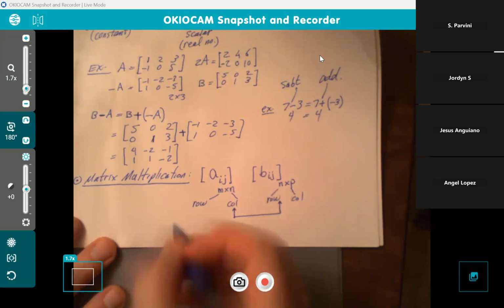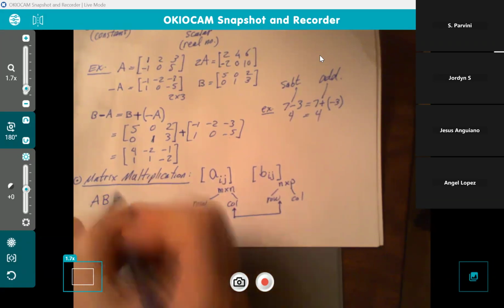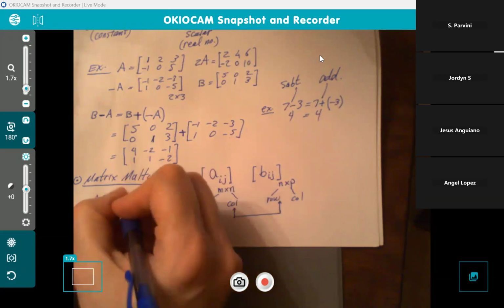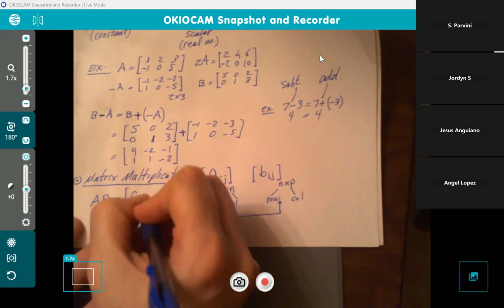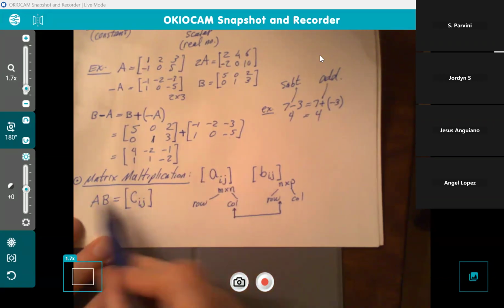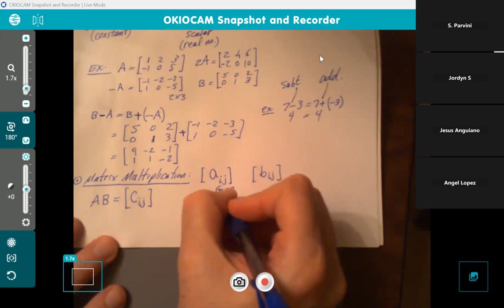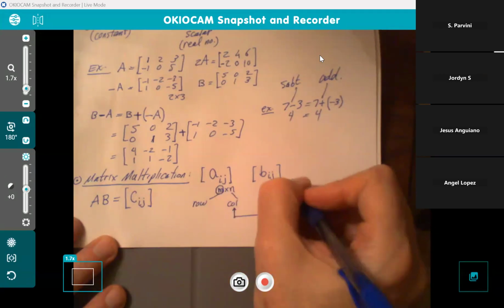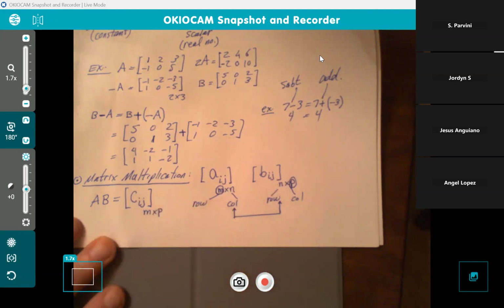Now, the size of the product, and here I'm assuming I'm doing A times B. Let's say the product is matrix C, with entries c_ij. The size of the product matrix is going to be the rows of the first matrix by the columns of the second matrix, so it's going to be m by p.